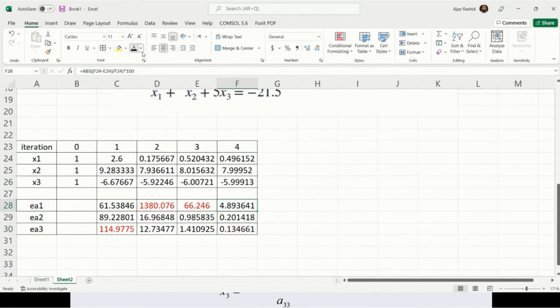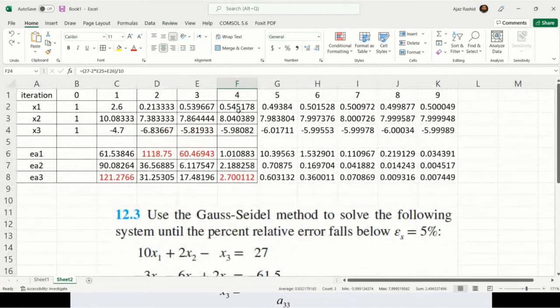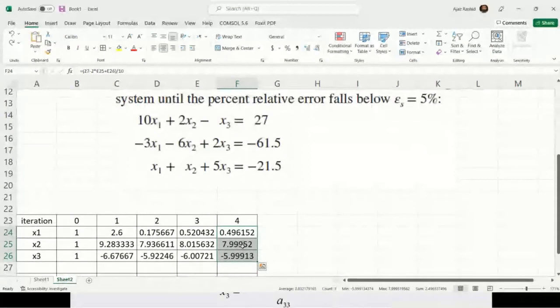thing changes, that we have reached 5% here, and we are close to the true solution, which we said is 0.5, 8 and minus 6. Comparing this to the true solution here, which was 0.5, we can see we are a bit away from 0.5. This is 8.04, which is 7.999, much closer to 8.